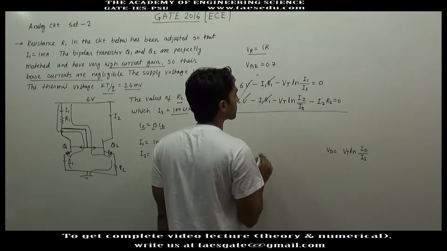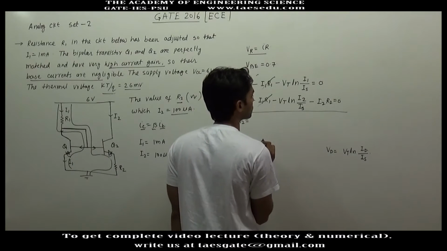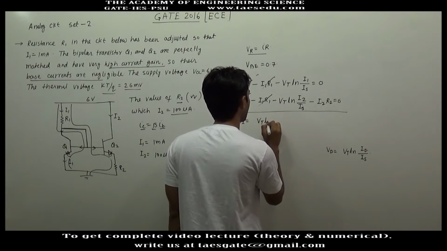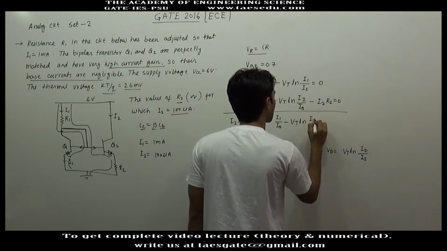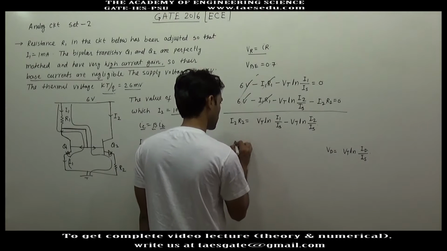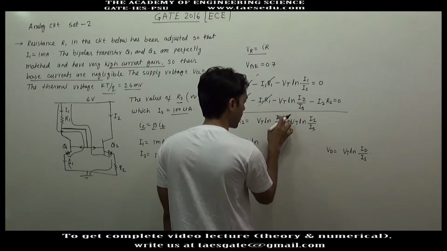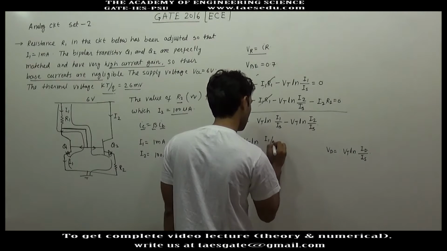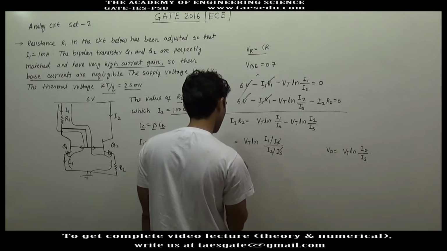So here we will have I2 R2 equal to VT ln I1 by IS minus VT ln I2 by IS. This will be VT ln of I1 by IS divided by I2 by IS, so IS will be cancelled.